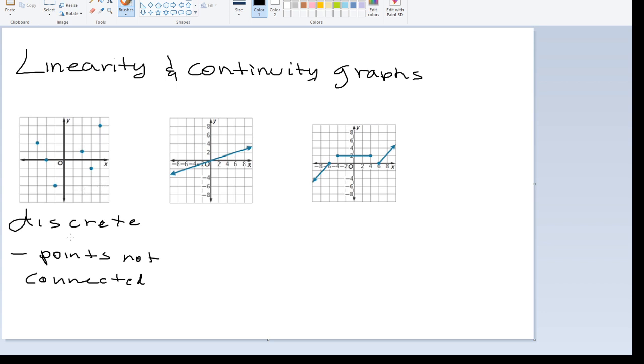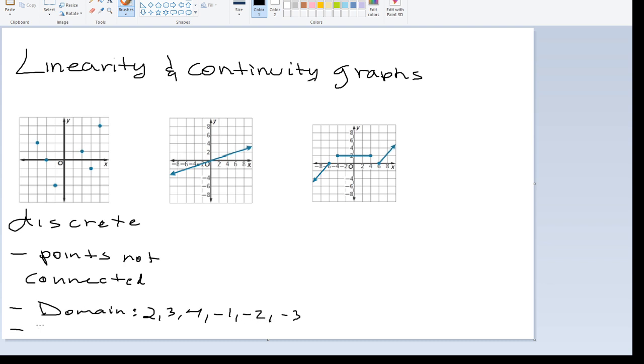And when we look at the domain, we are looking at all the individual x values. So in this case, we have 2, 3, 4, 2, 3, 4. We have -1, -2, -3, -1, -2, and -3. So these are the domain values.